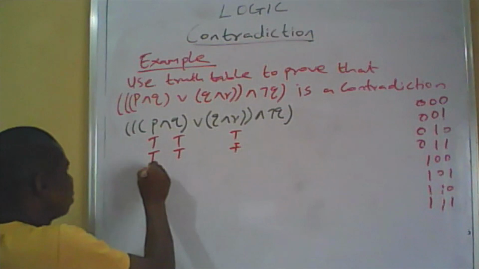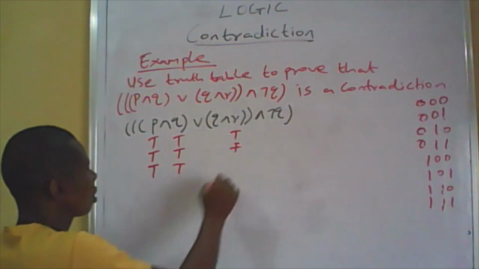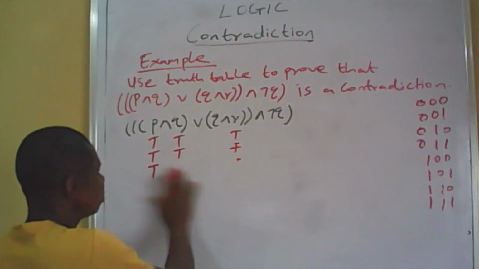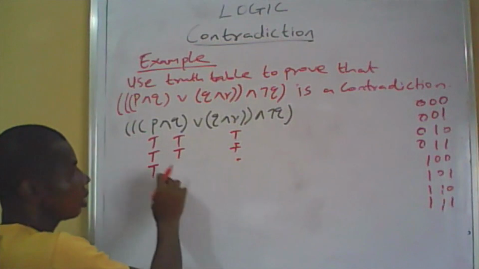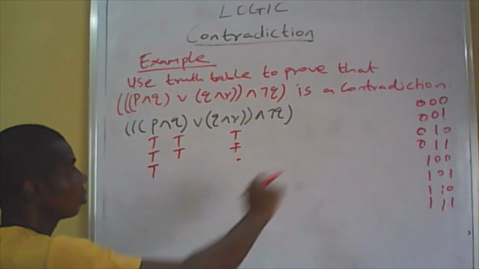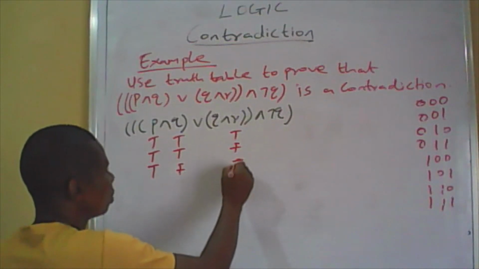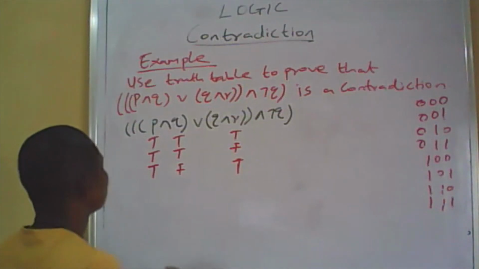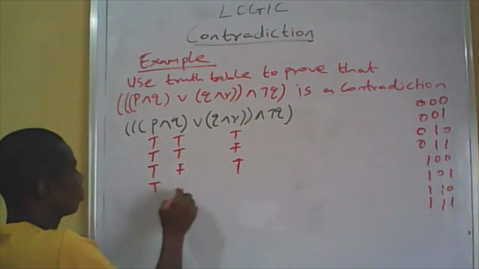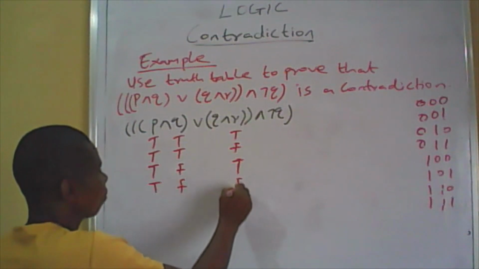That means P is T, Q is F, then R is T. Then we have 100, that means P is T, Q is F, R is F.